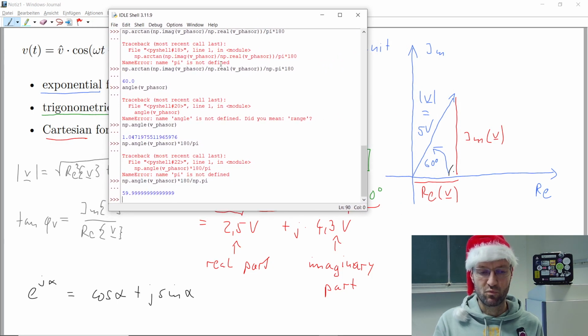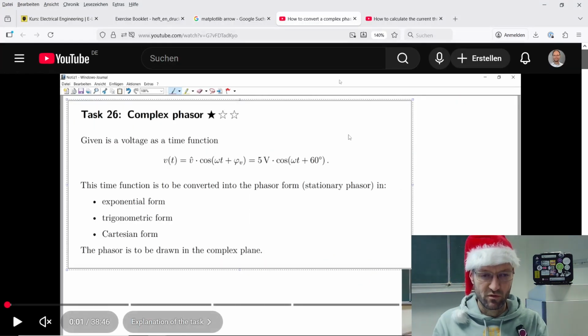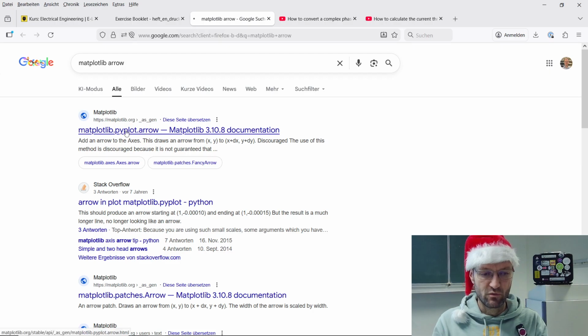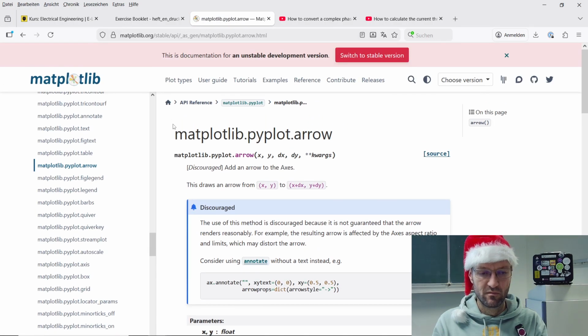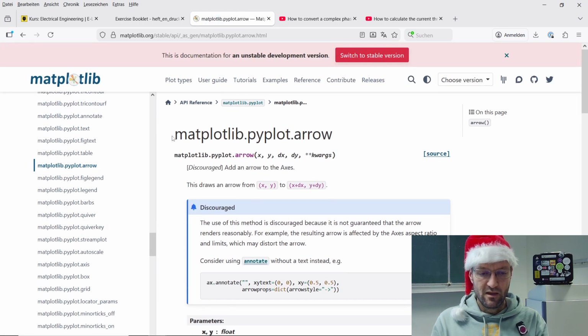And what we might also like to do is to draw this phasor diagram in Python. There is some function that I have opened up in my browser before, which is called arrow. There is some library, and maybe I can switch to the stable version.